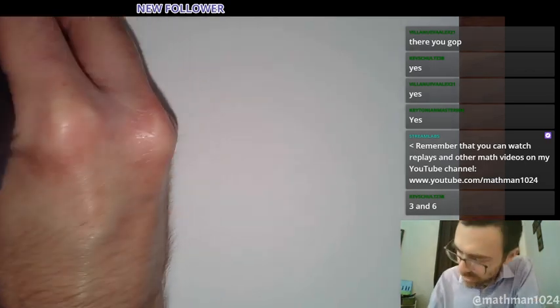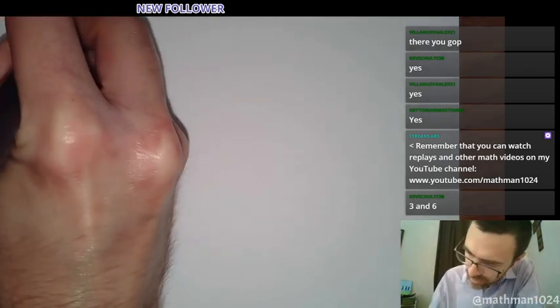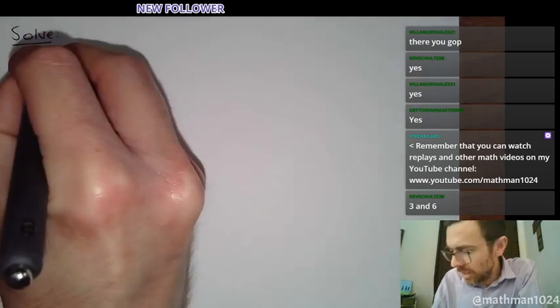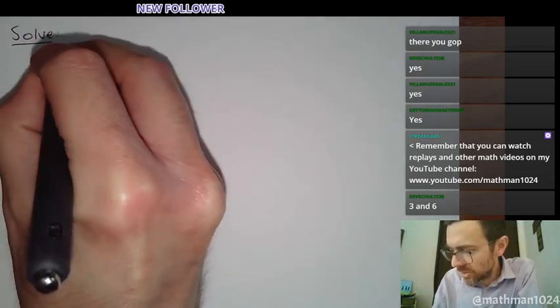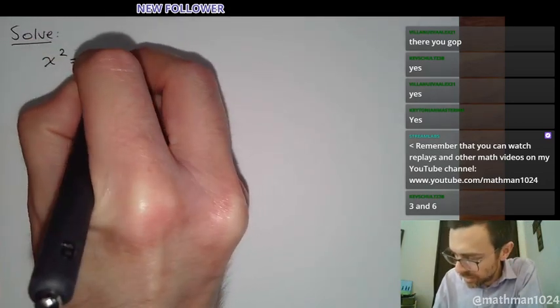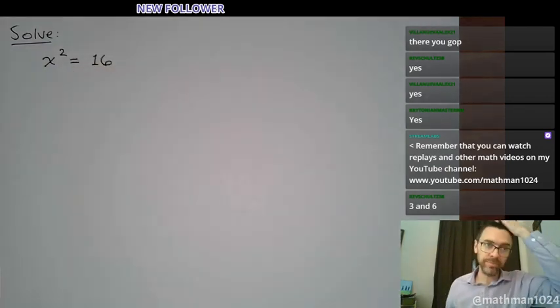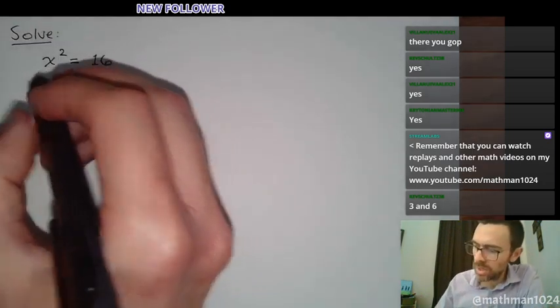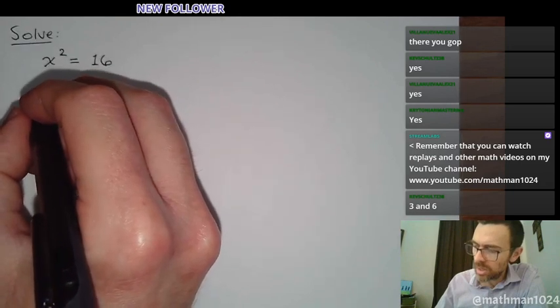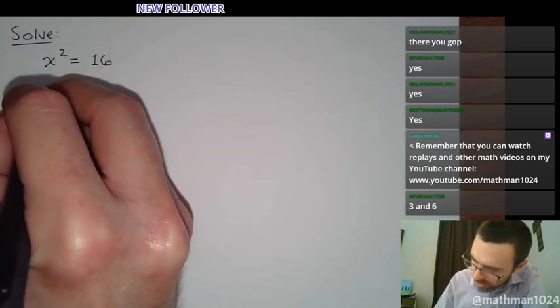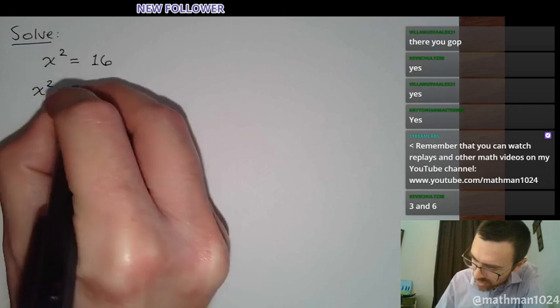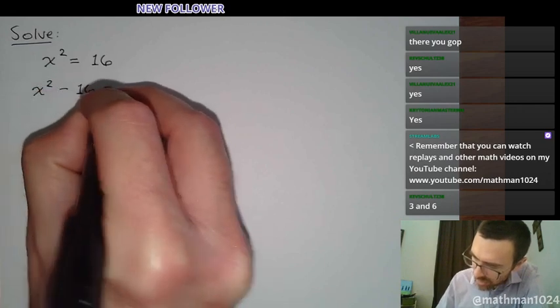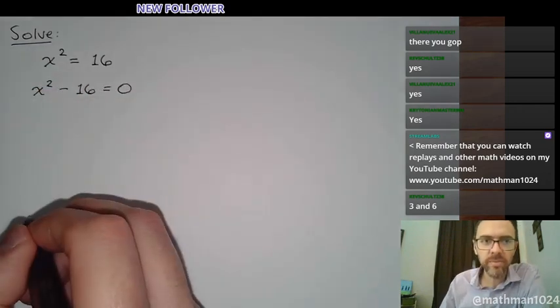So moving along, if we have to solve something like x squared equals 16, coming from this background of the zero factor theorem, you would want to move this 16 over to the left side like this.